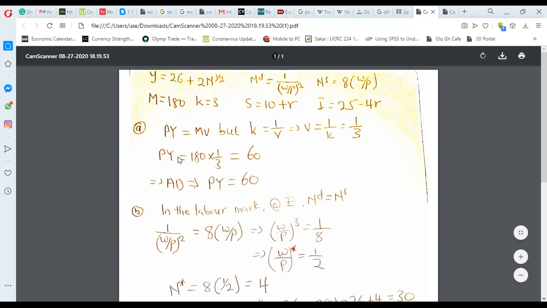For the AD curve, the curve is in terms of price and output. So PY is equal to M, your money supply, 180, times your V, which is 1/3. 1/3 times 180 is 60. So your aggregate demand function is PY equal to 60. That is your AD curve.